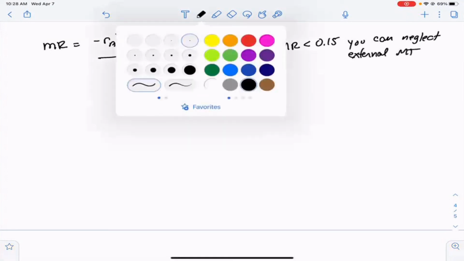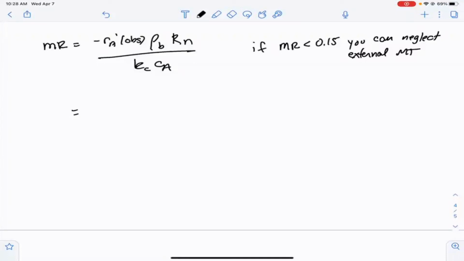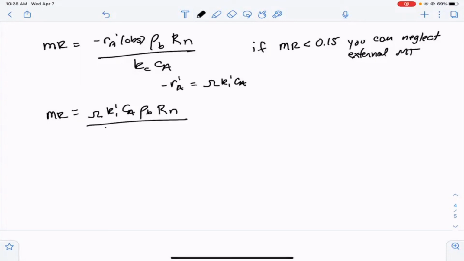And so we can do a little bit of a simplification here because we know RA prime is actually just equal to the overall effectiveness factor times K1 prime times Ca, right? We had that earlier in our problem. And so if that's the case, MR then is the overall effectiveness factor times K1 prime times Ca times rho B times the radius times the reaction order over Kc times Ca.